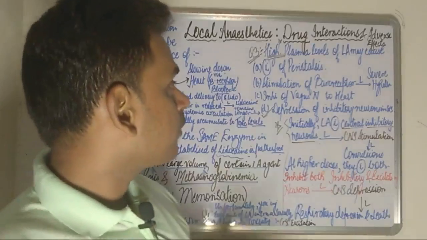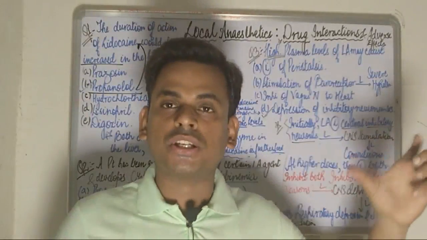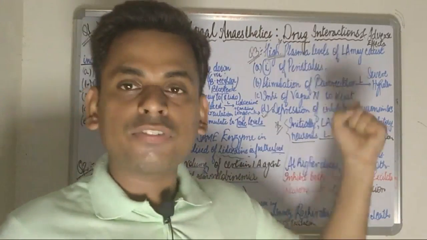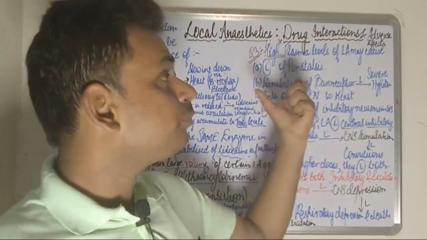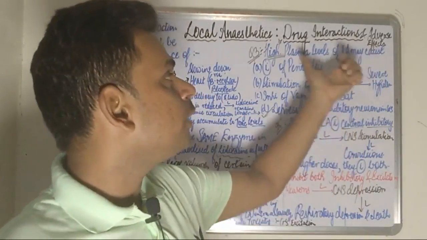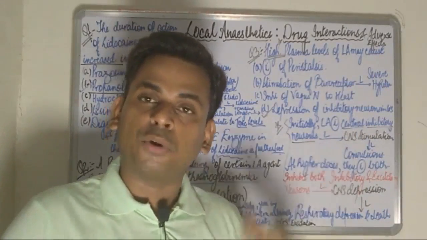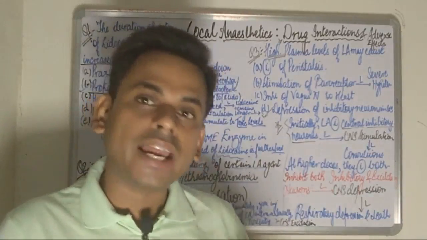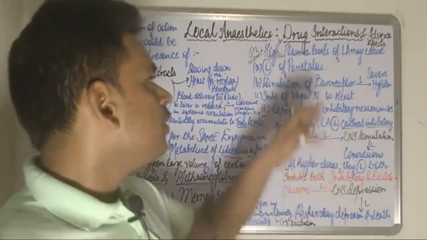Now students, with the help of this third question, I'm trying to clarify one of the drug adverse effects very frequently asked over and over again in the various competitive exams, just by a slight rewording of the same question.